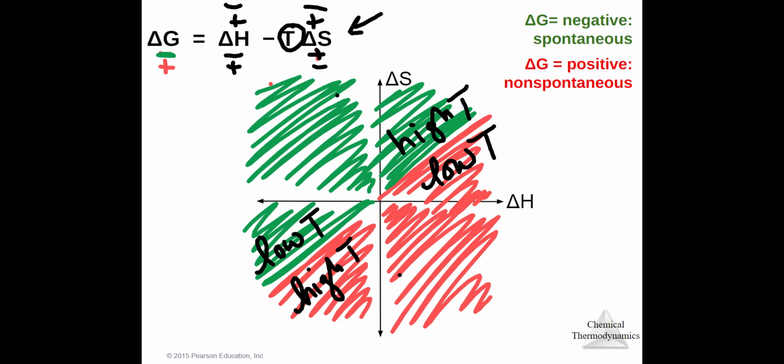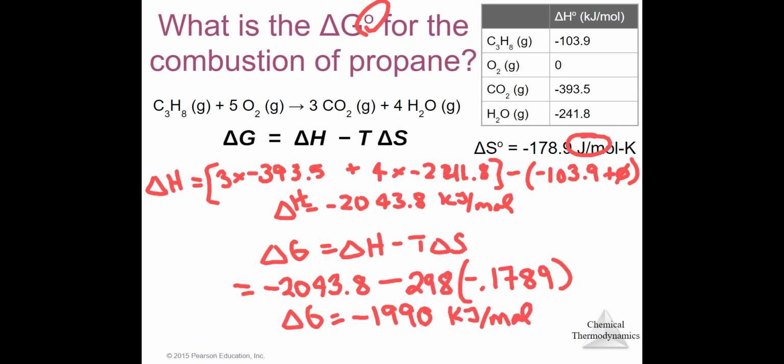So to look back at the reaction we looked at for propane, our delta G here is happening at a temperature, because both our values are negative, where we're getting a negative delta G, which means this is going to be a spontaneous reaction.